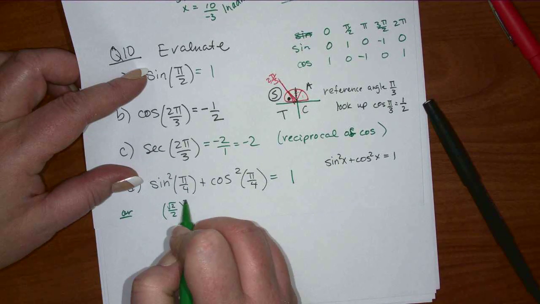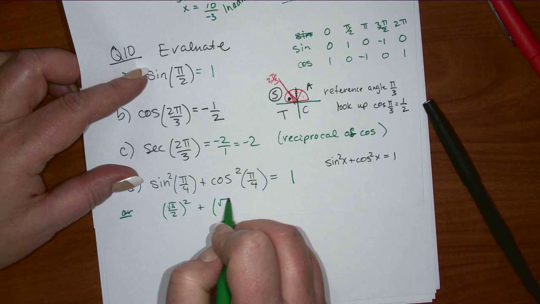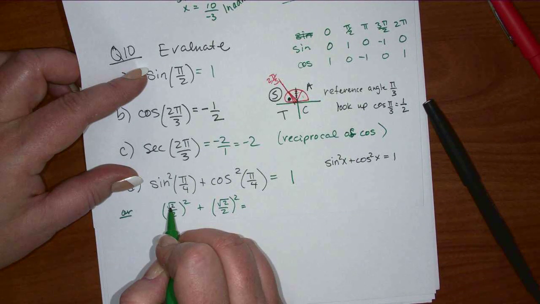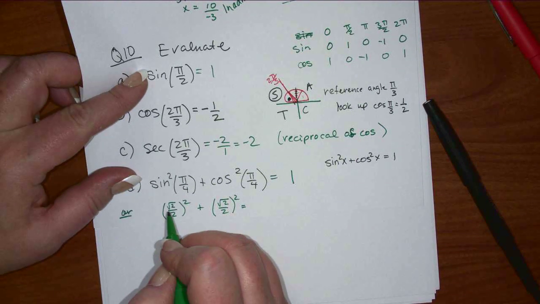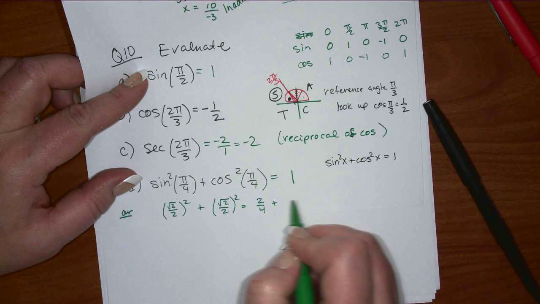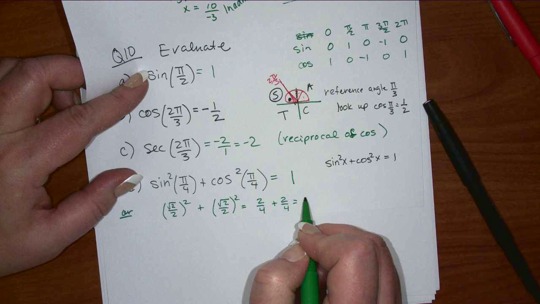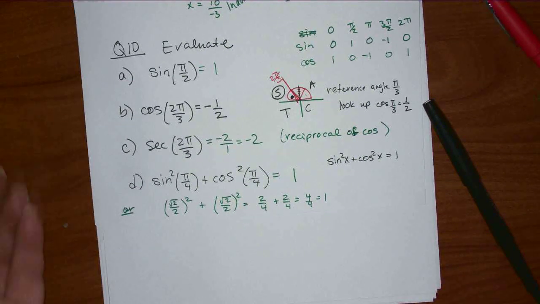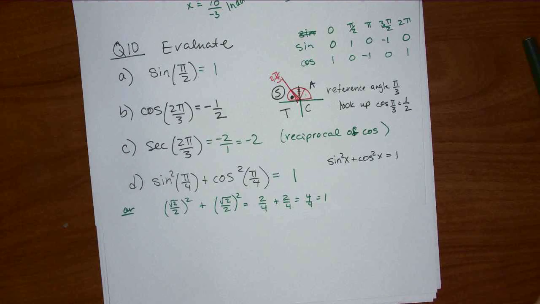Square it. Cos is also root 2 over 2. Square it. If we square root 2, 2 over 4. Square this one, 2 over 4. 2 over 4 plus 2 over 4. You could work them out, but you don't need to because it's an identity.